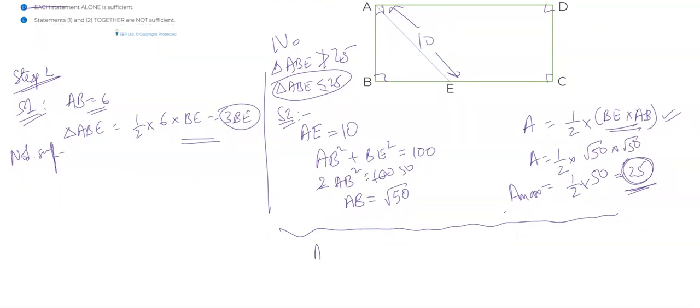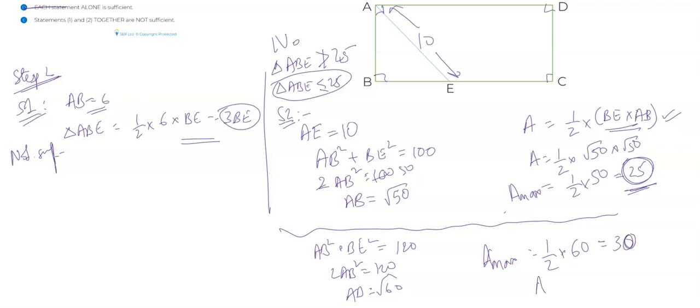For example, if you would have got something like this, AB square plus BE square is say 120. Okay, and you do AB square is equal to 60, or AB is equal to root 60. So when you find out the A max, you get half into 60, right? Which is 30.